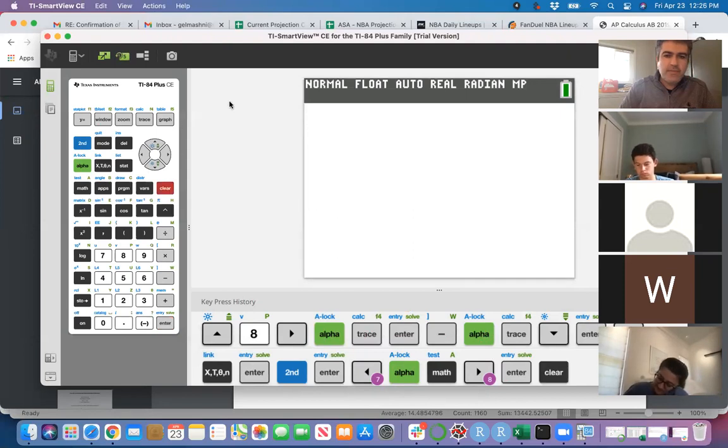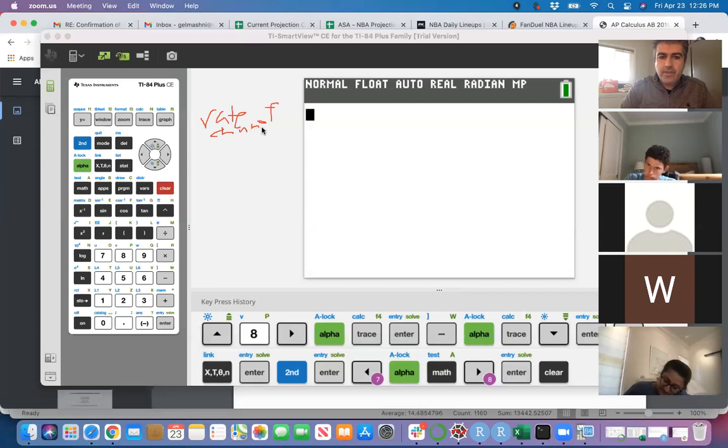So first off, the rate of change of fish is simply going to be E of t minus L of t. Remember, E of t is the rate entering, L of t is the rate leaving. So the rate of change in general is simply E of t minus L of t. Now, they're asking if that rate is increasing or decreasing. So you got to take the derivative of that rate.